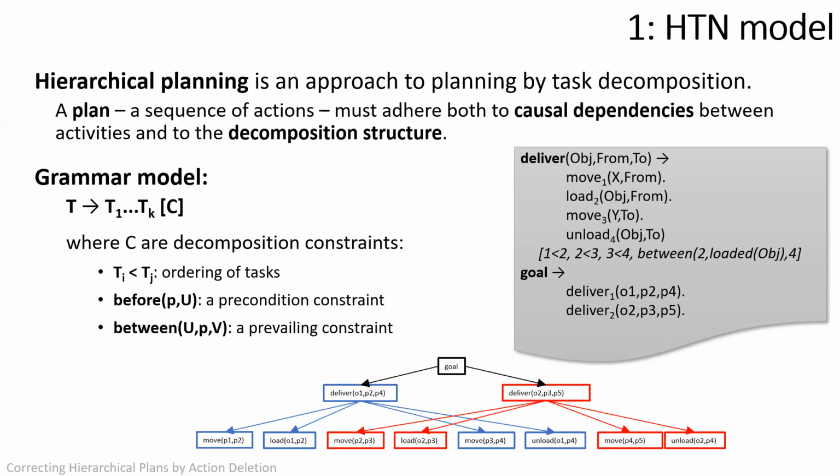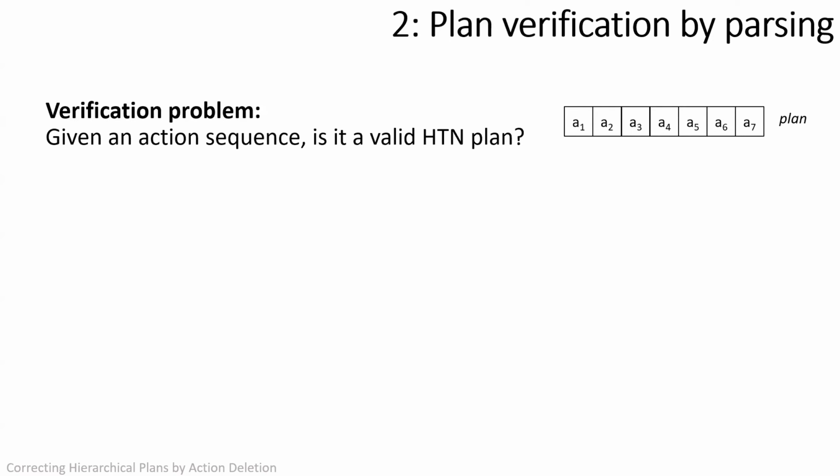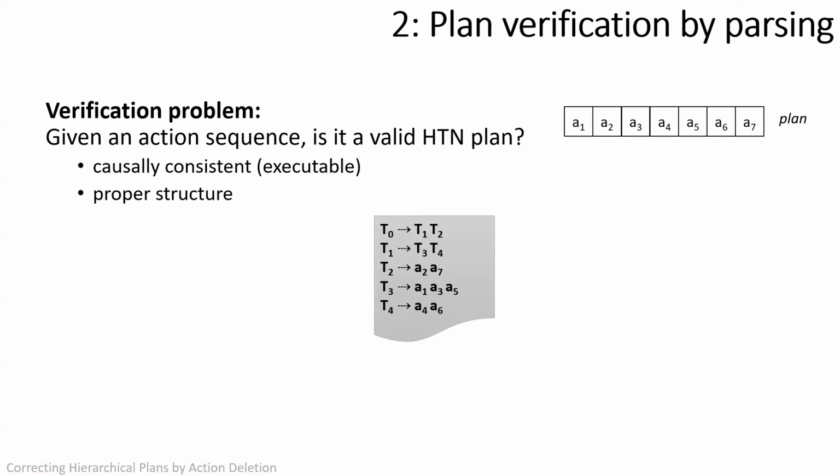All right. So let's now talk a little bit about plan verification and how this works. Let me first explain the definition of the verification problem. Given an action sequence, is it a valid HTN plan? First we have to check whether the plan is causally consistent, so whether all the actions have satisfied preconditions, and whether it has a proper structure.